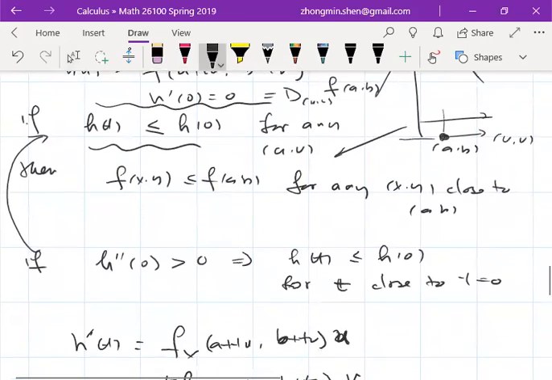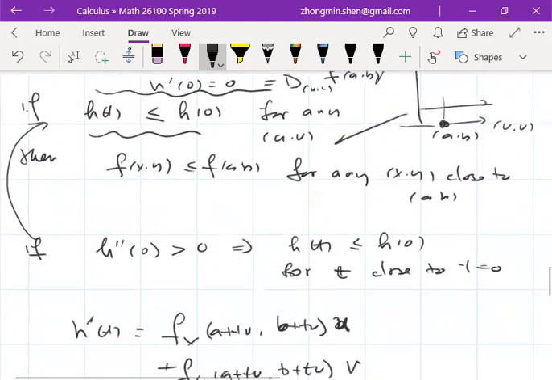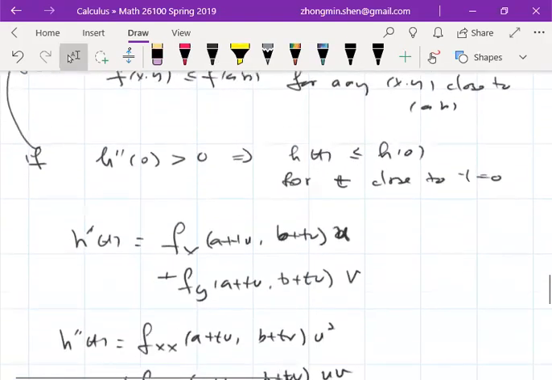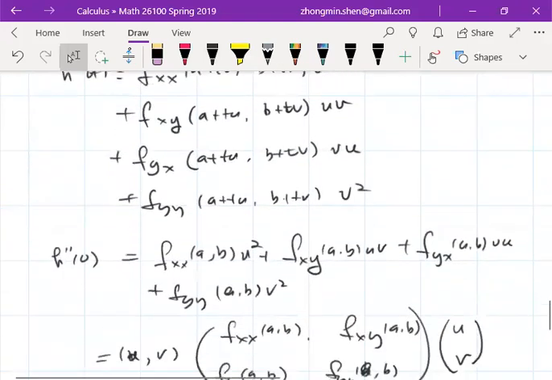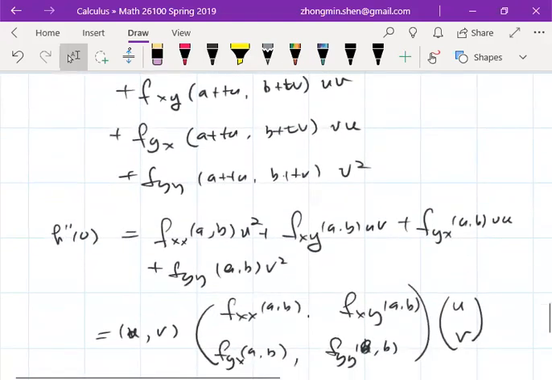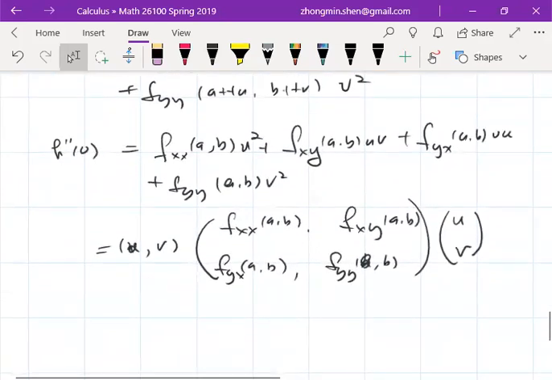Then I calculate the second derivative of the function h of t for any given direction uv. I find out this matrix. So I conclude the second derivative test for a function with two variables.